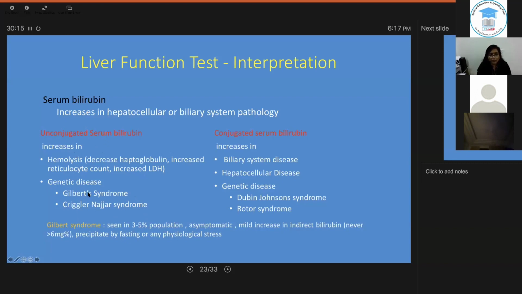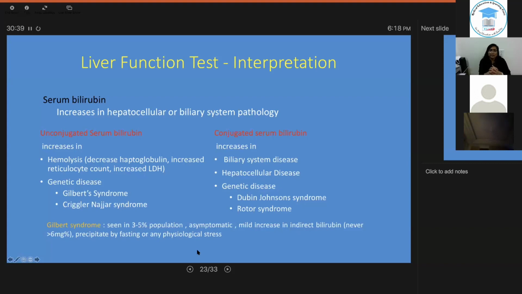A word about Gilbert syndrome. Gilbert syndrome is a very common condition. It is seen in 3 to 5% of the population. The patients are almost asymptomatic. There is a mild increase in serum bilirubin, which is generally never more than 6 mg%. And a very important point, this is precipitated by fasting or any physiological stress.